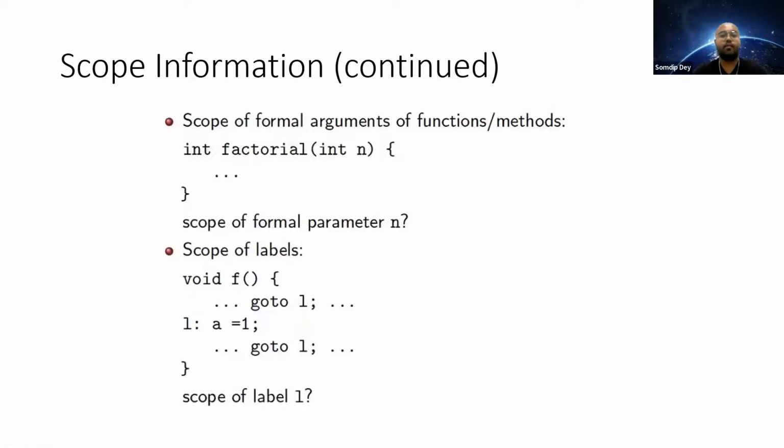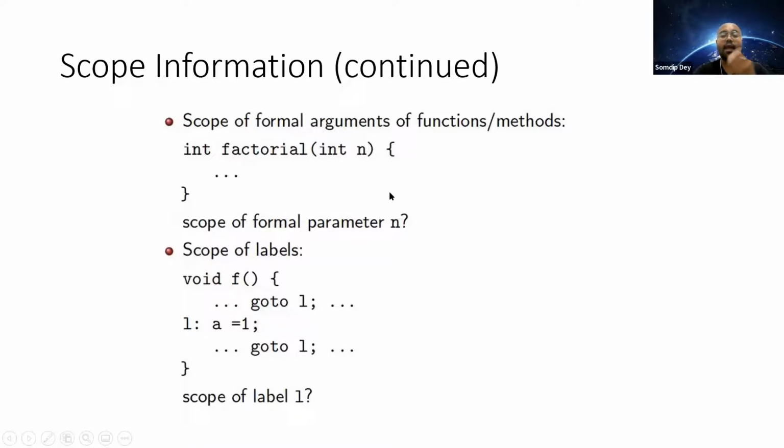Now, the scope of formal arguments of functions or methods can be determined like this. Let's say you have a function called factorial, which has the passing argument n, which is of type integer, and factorial also returns type integer. Based on this, what is the scope of the formal parameter n, if someone asks you that?